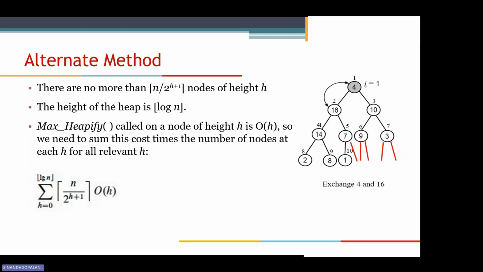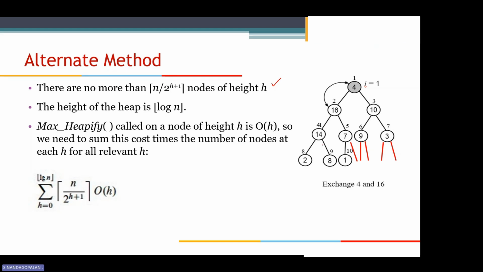There are not more than n by 2 power h plus 1 nodes of height h. See, there is one important assumption I'm making here. Though this assumption may not be true, there's nothing wrong in assuming like this for making the mathematical analysis easier. I assume that my heap is always a complete binary tree, which means I don't have any empty kind of thing.